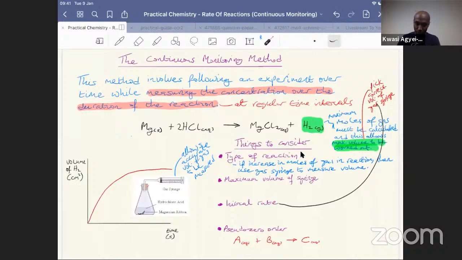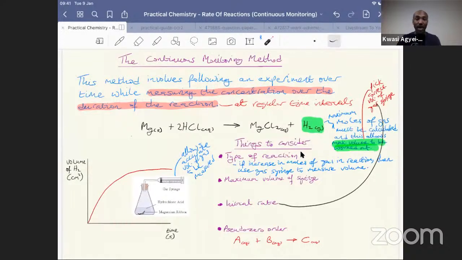And then once you start your experiment, you would be recording the volume produced at regular intervals, say every 10 seconds. So you've got this graph of volume of hydrogen produced against time, so time on the x-axis, volume on the y-axis, and you can imagine recording the volume in a table at regular intervals of say every 10 seconds.